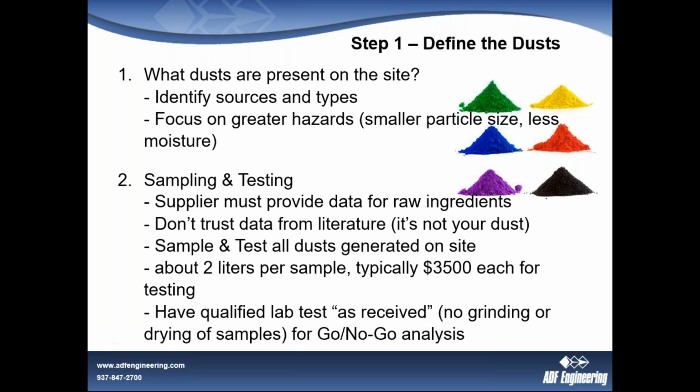So it's in your best interest to make sure that it's marked as received and that they do that go, no go analysis. However, if you want to test the worst case and make sure that you're doing a worst case analysis and you can't get material from a dust collector, you have to draw it from the stream somewhere else, then by all means have them go ahead and grind and dry it.